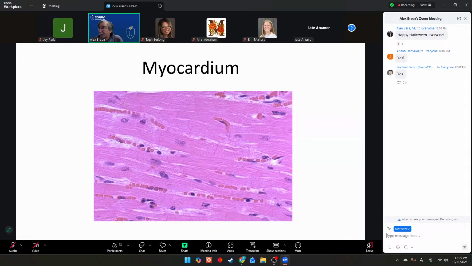Remember, these cardiac muscle cells, although it may not be obvious from looking at a small field, are coupled together in chains of branching muscle cells. That's really what makes up a cardiac muscle fiber, these branching chains of fibers.